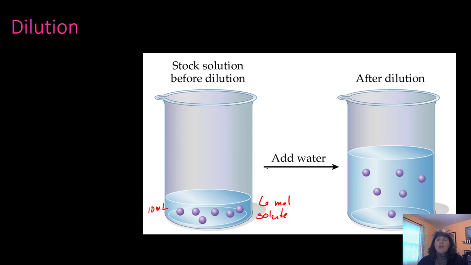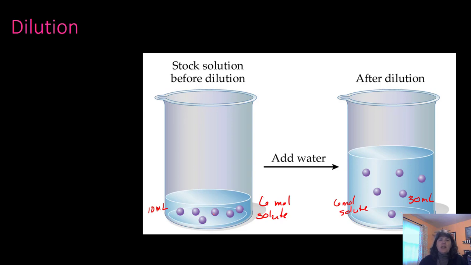When we add the water, notice that I still have 6 moles of solute over here. That didn't change. But what changed was the amount of water. So now say I have, we'll call this, 30 milliliters of water.